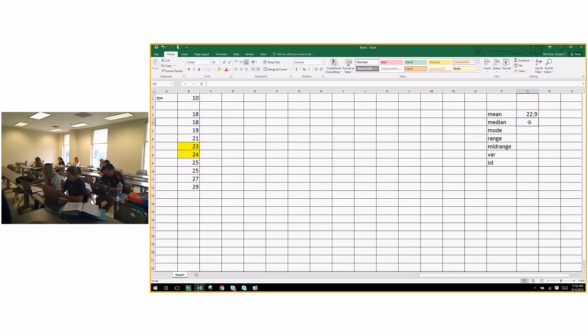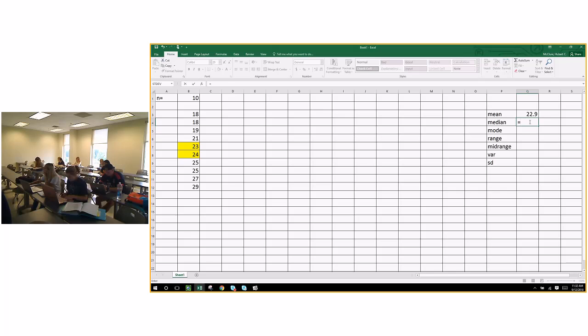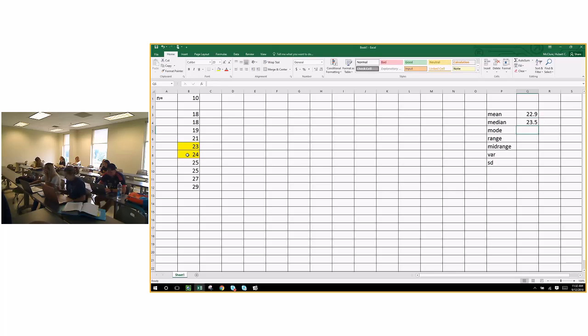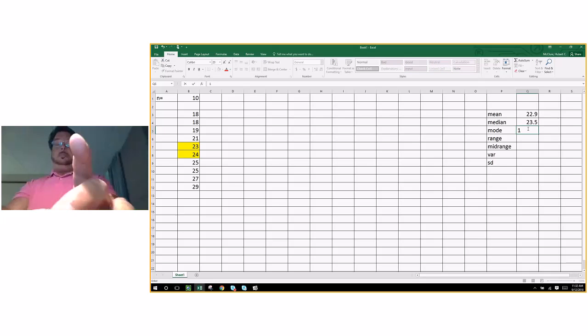It's going to be equal to 23 plus 24 divided by 2. And the mode is what, 18 and what? 25. Comma 25.